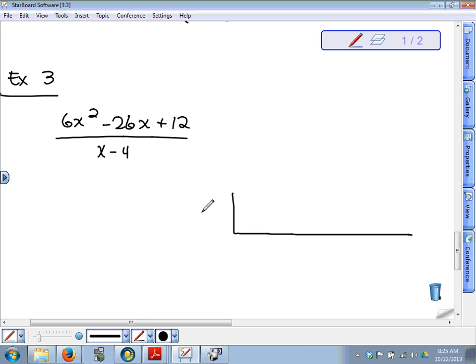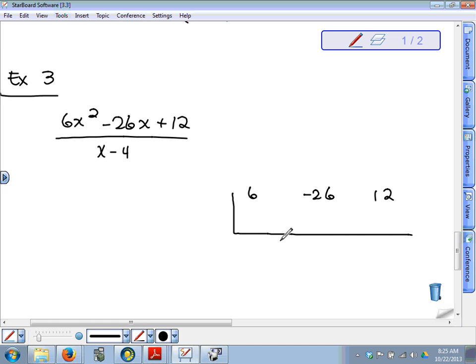Inside you're going to put the coefficients of your dividend, but make sure you leave space at the bottom. Take a look at what I'm doing here. Just the coefficients of the dividend, I'm going to have a 6, a negative 26, and a 12, but there's space beneath them to write other numbers.